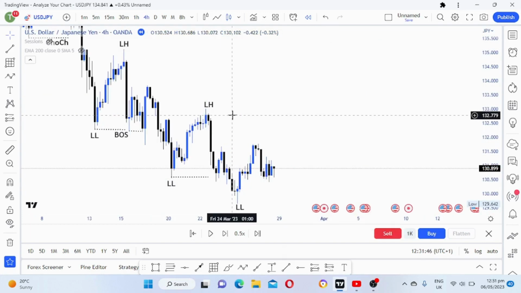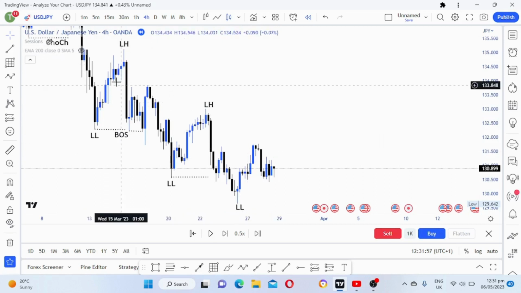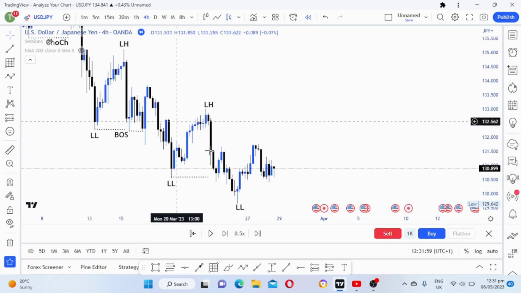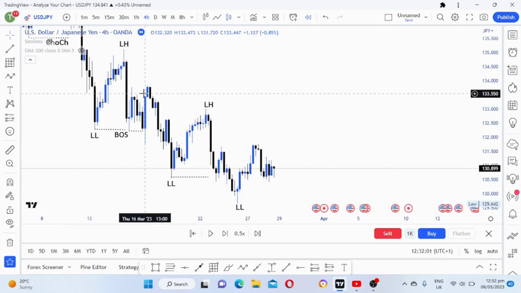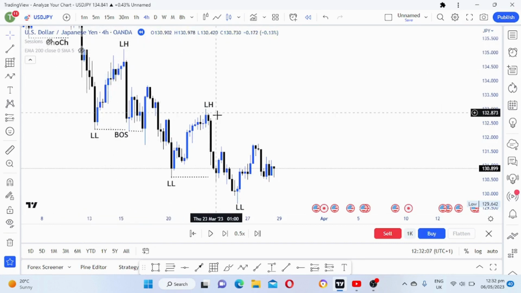So now here again, let's look at USD/JPY. This is one of the currency pairs that I trade. As you can see here, guys, I already put this one. So this one is a downtrend. Price is making lower highs and lower lows.